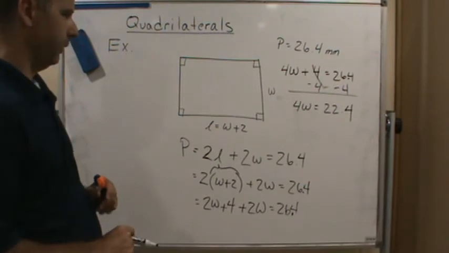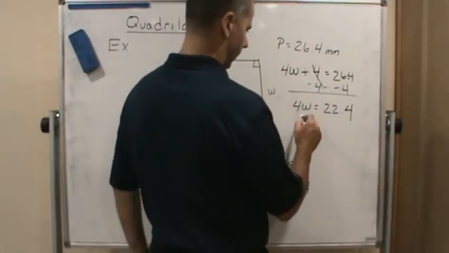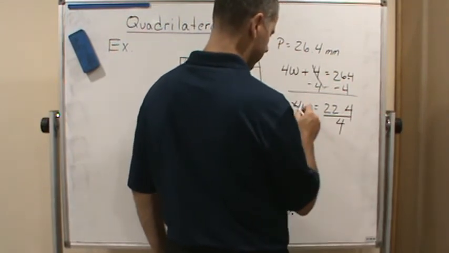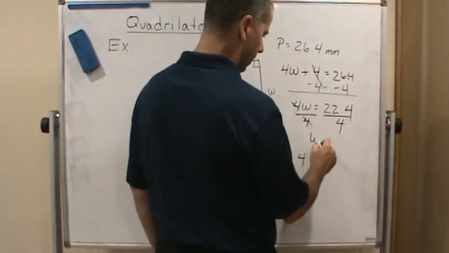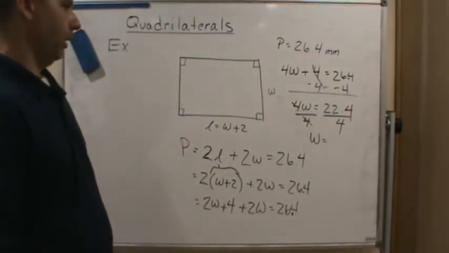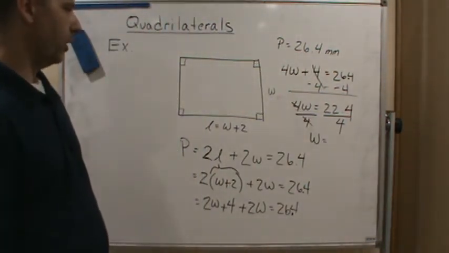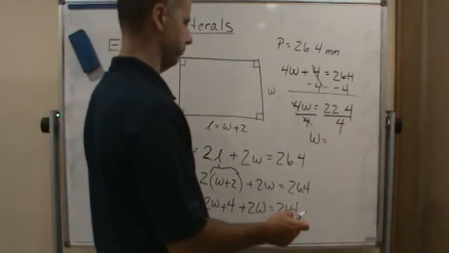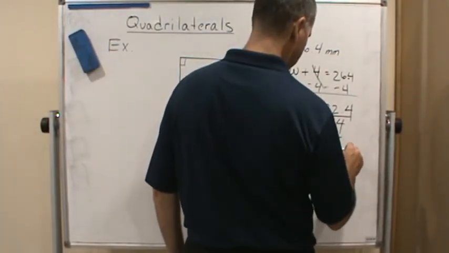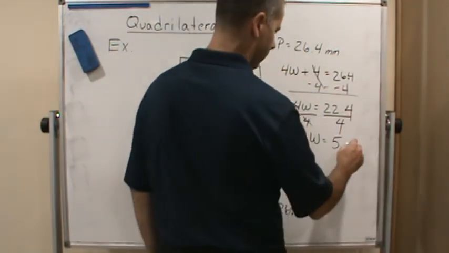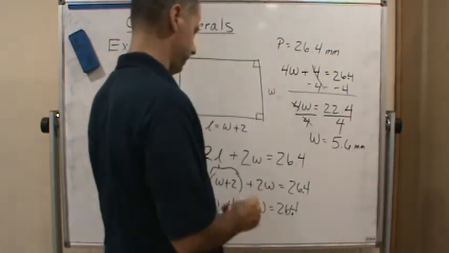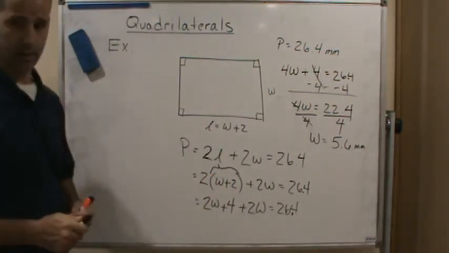Now divide by 4, and I get W equals, okay, now what am I going to get? The width is going to be 5.6 millimeters. Okay, that's the width.